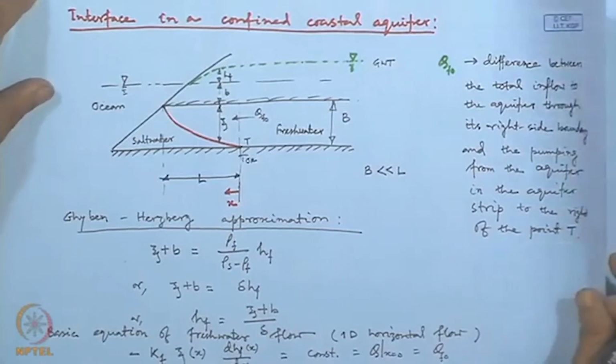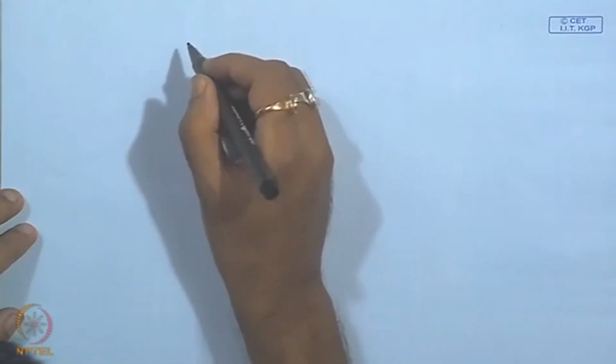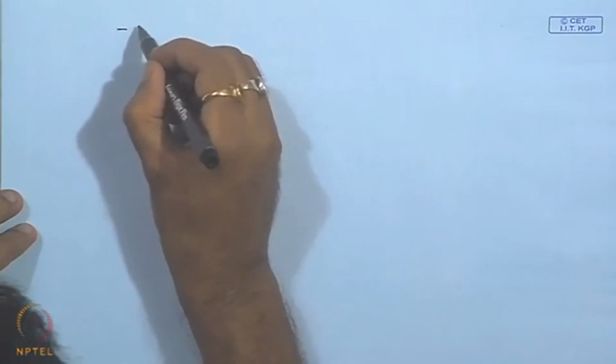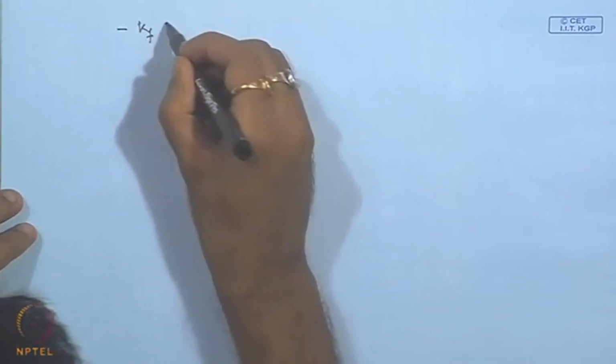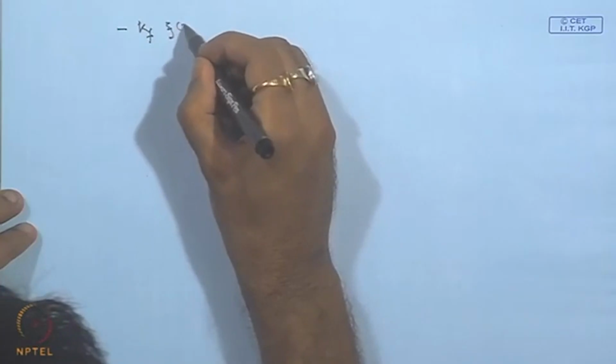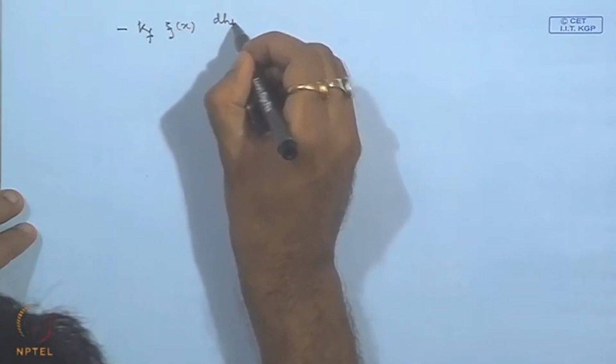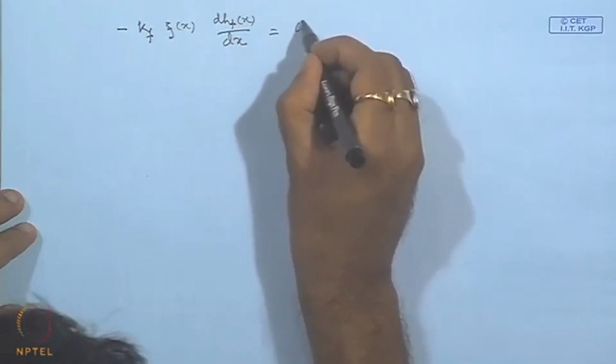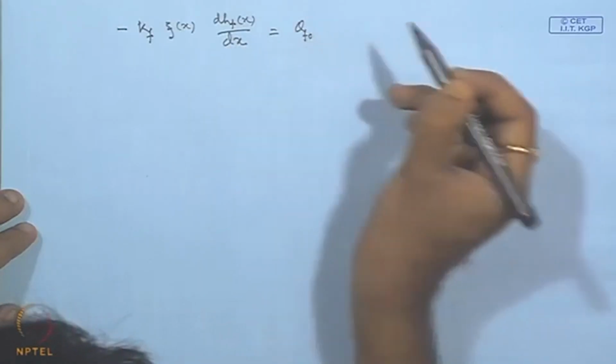So, using this, we can write again K_f psi times dh_f by dx equals q_f0.